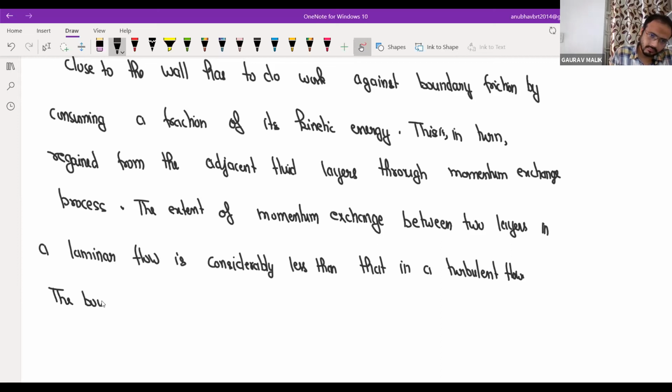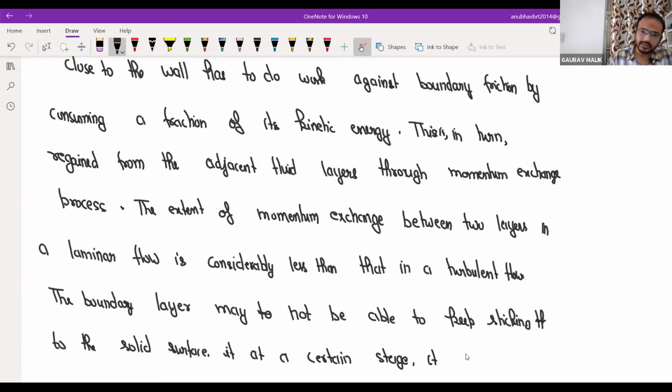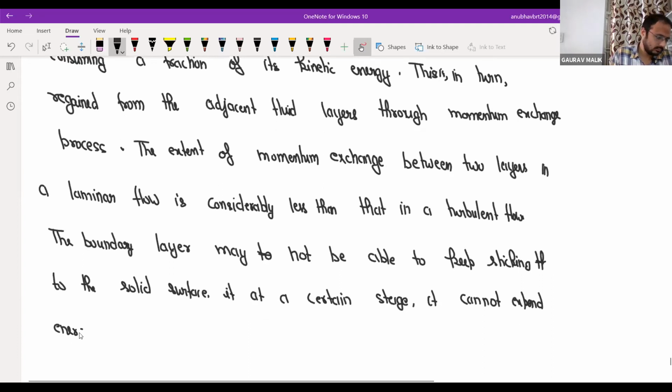And the boundary layer may not be able to keep sticking to the solid surface if at a certain stage it cannot expend energy to overcome the resistance offered by the surface.